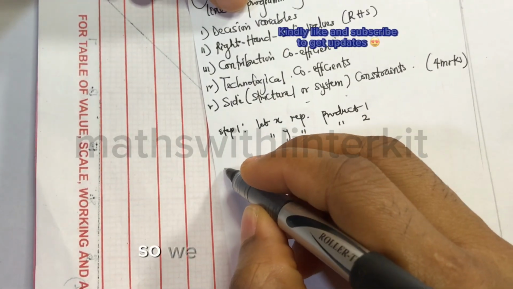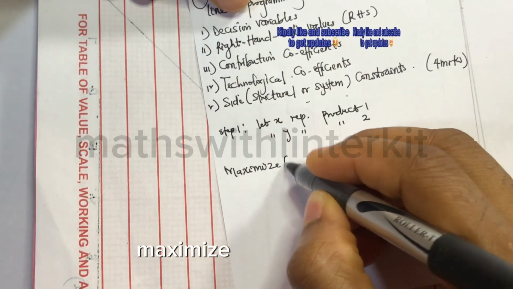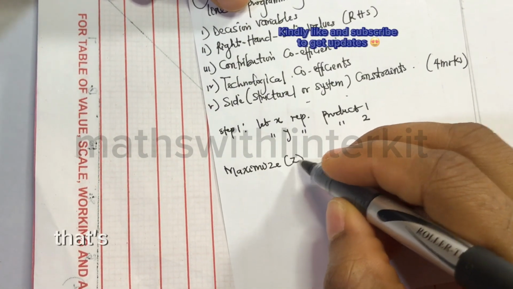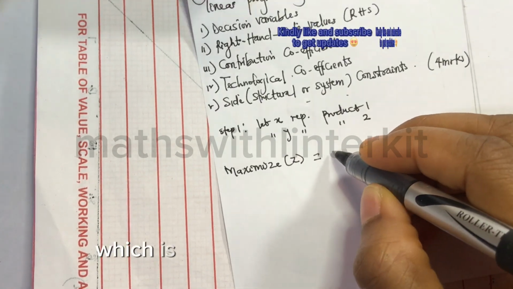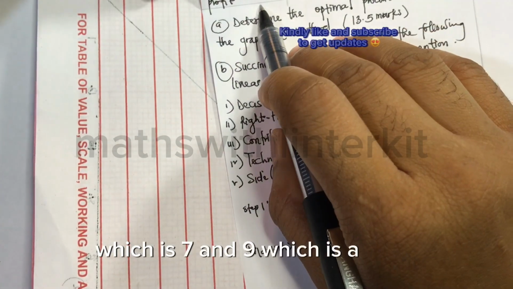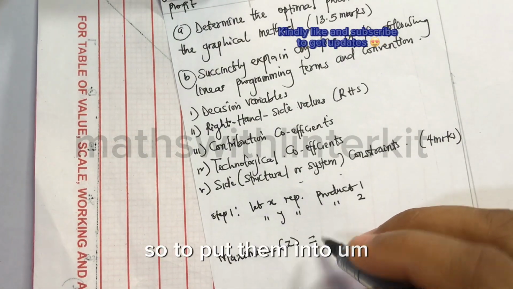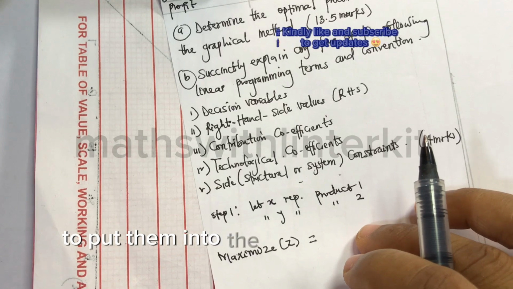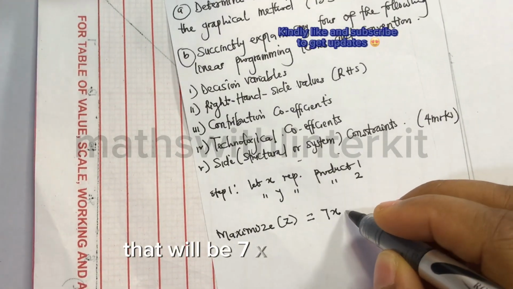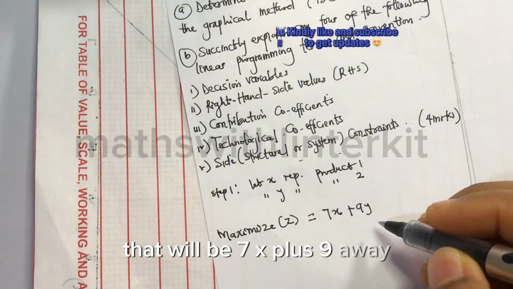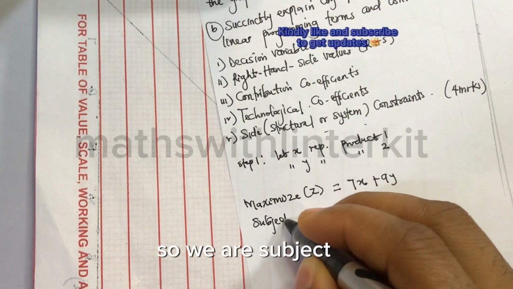So we have to maximize this Z, the variable that should be maximized, which is 7 and 9, the profit. To put them into the linear programming equation, that will be 7x plus 9y. So we are subject to.